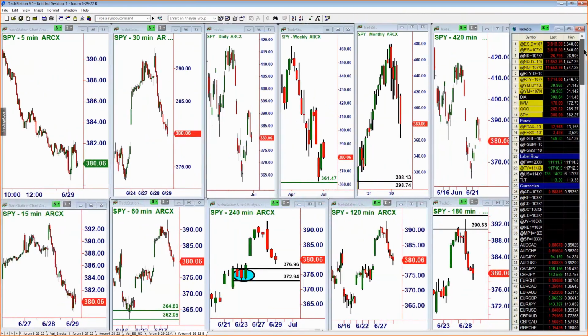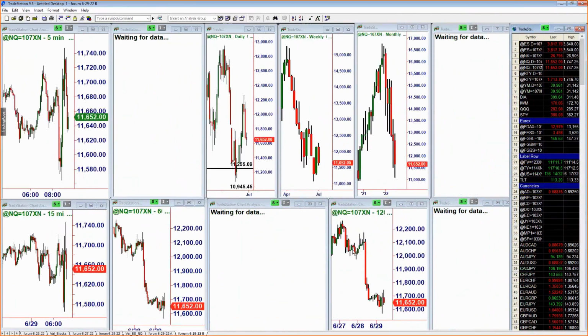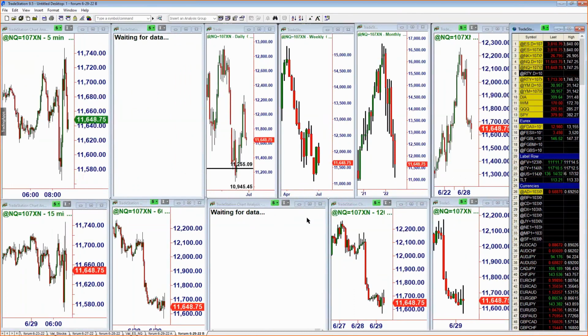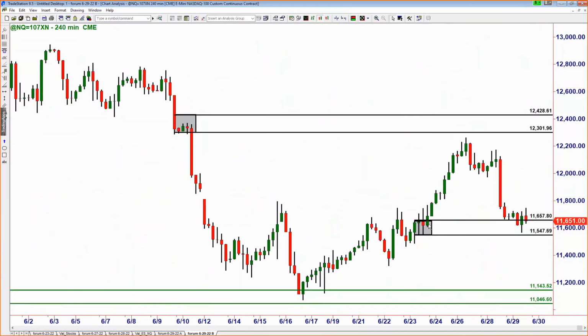Now why focus on that so much? Because, let's go back to the NASDAQ, which is where this whole thing started. Because this is in the middle of the range, it's inside fair value here.